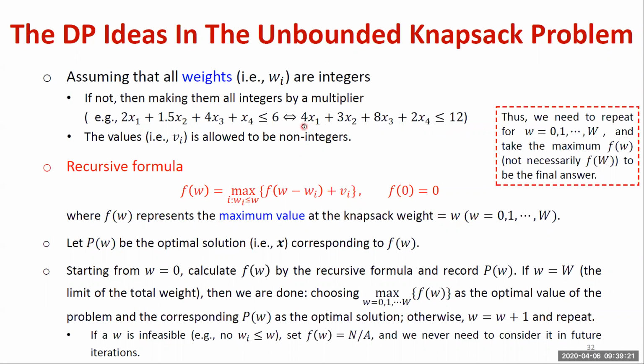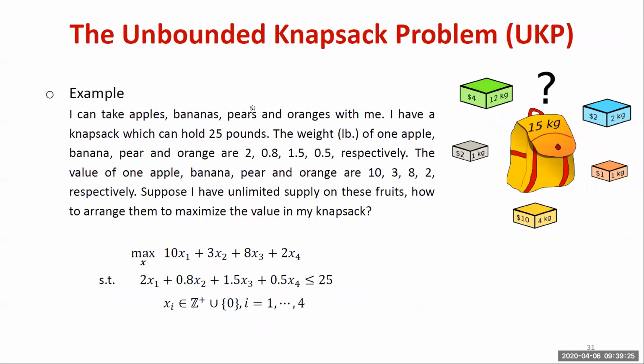So in this case, you can see all the weights are integers. What I mean is this constraint, not the objective value. Be careful here: if there's a non-integer in the objective function, it's acceptable, no problem. Later, you're going to see why. But in terms of the weight here, all of these, for example 0.8, 0.5, 0.5, are not allowed. All of these must be integers, okay?